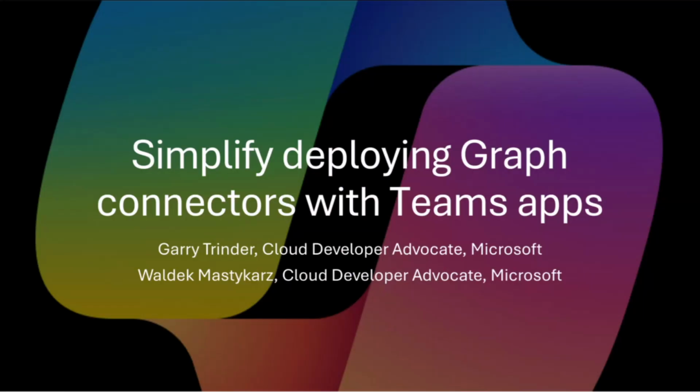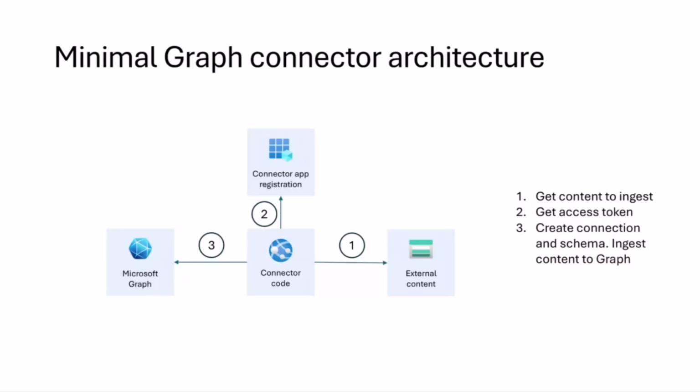Hey, everybody. This time we'll talk about how you can simplify deploying Graph connectors with Teams apps. So in the past, we talked about what connectors are, right? Basically, TLDR, to keep it really short, they're a way for you to bring external content from the apps that you use at work to Microsoft 365 so that you can use it in experiences such as search, Context IQ, but also, more and more relevant to everybody every day, Copilot, right?